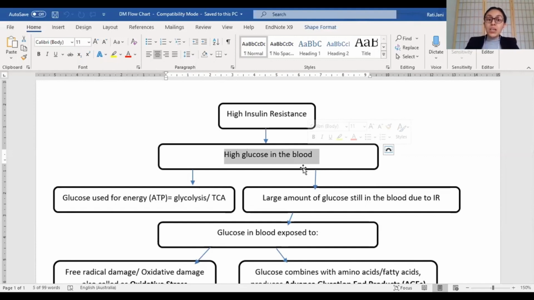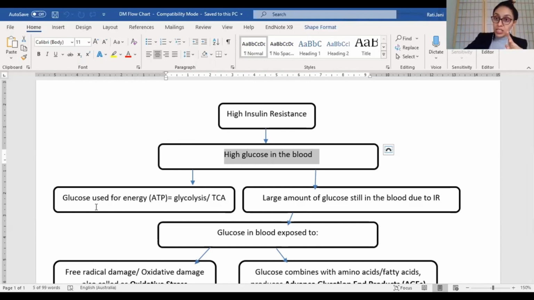So now what happens? Obviously, when you have lots of glucose in your blood, some amount of glucose will definitely be used for energy production inside the cell. So a type 2 diabetic individual naturally has the capacity of secreting some amount of insulin. The amount of insulin is not sufficient to the level of a healthy individual, but there is some insulin secretion.